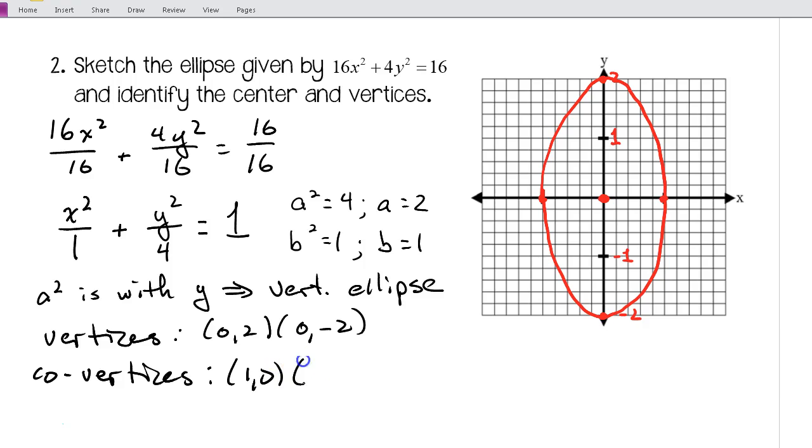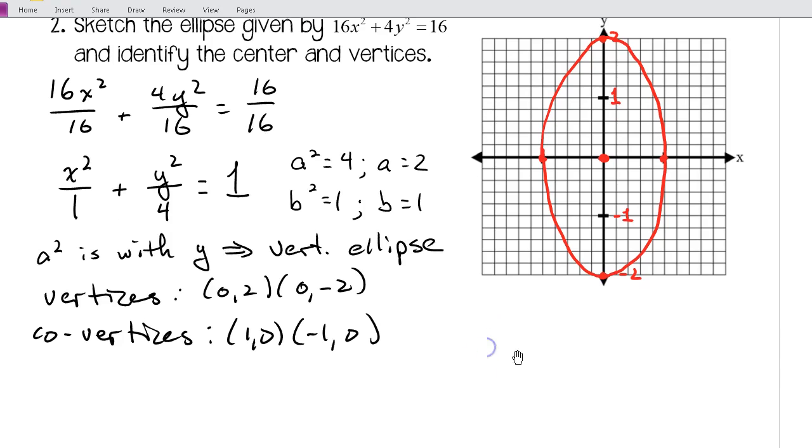And to the left 1, that's -1, 0. And then in order to find our foci, we'd have to find the value of c, and we know that c squared is a squared minus b squared for an ellipse, so that's going to be 2 squared minus 1 squared, which is 3, so c is going to be the square root of 3.